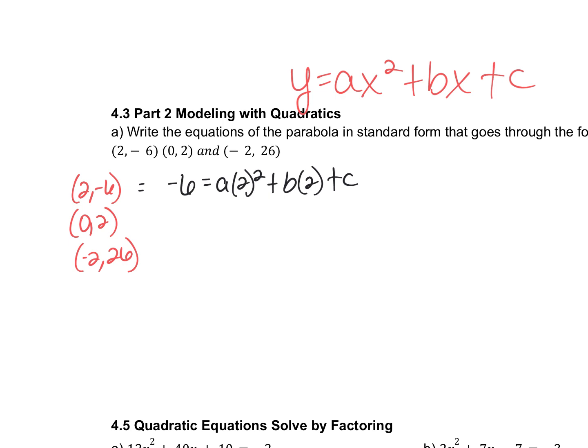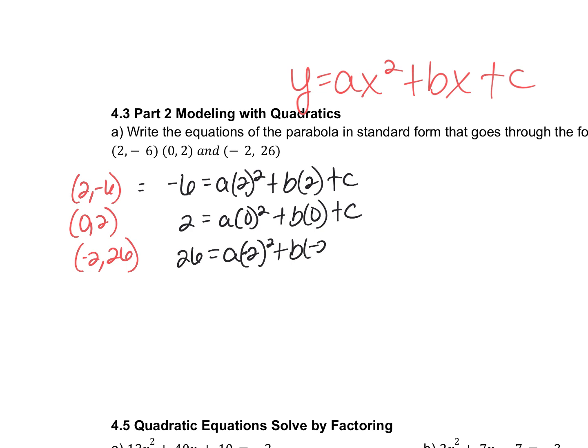Then the next one, is that 0, 2, right? Yep. So 2 equals a times 0 squared plus b times 0 plus c. Hey, that makes me excited. I'll get to that later. Okay, so 26 equals a times negative 2 squared, excuse me, plus b times negative 2 plus c.